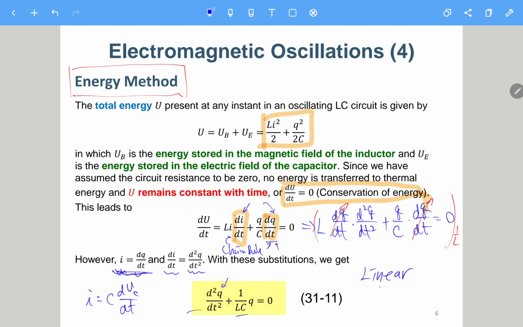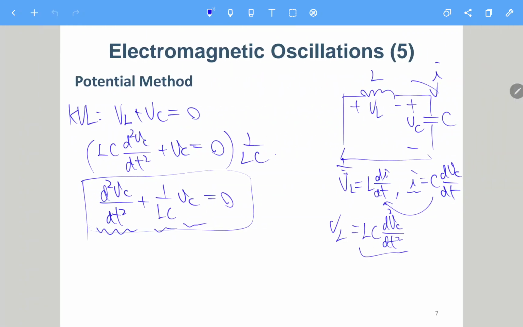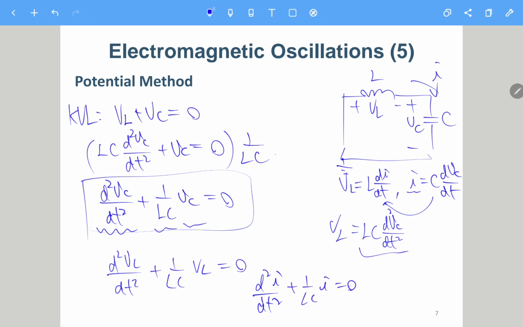For the linear system, when you plug a variable in the circuit, let's say we have VL or VC, you can also write d2VL/dt2 plus 1 over LC VL equals 0, or you can write d2I/dt2 plus 1 over LC I equals 0.